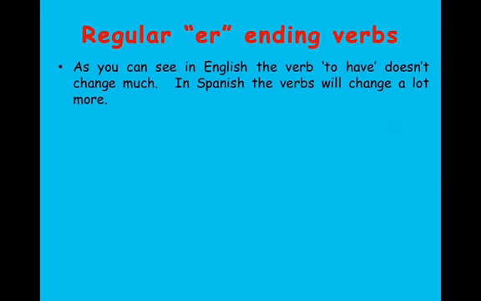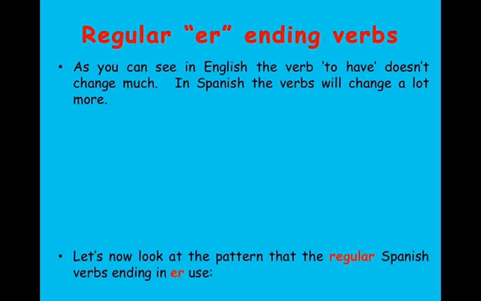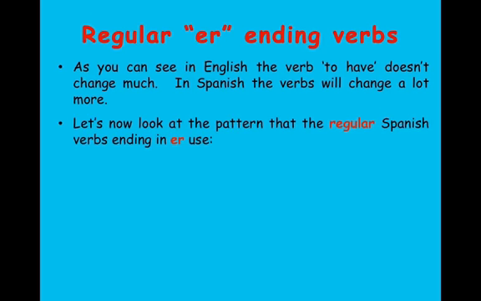Pretty simple. Well, now we're going to look at the conjugation of tener or a regular ER verb in present tense, and how we change it depending on who's doing the action, and how the ending of that verb will change depending on who's doing the action. So first things first, when you have the infinitive of a verb in Spanish, you need to remove that ending.